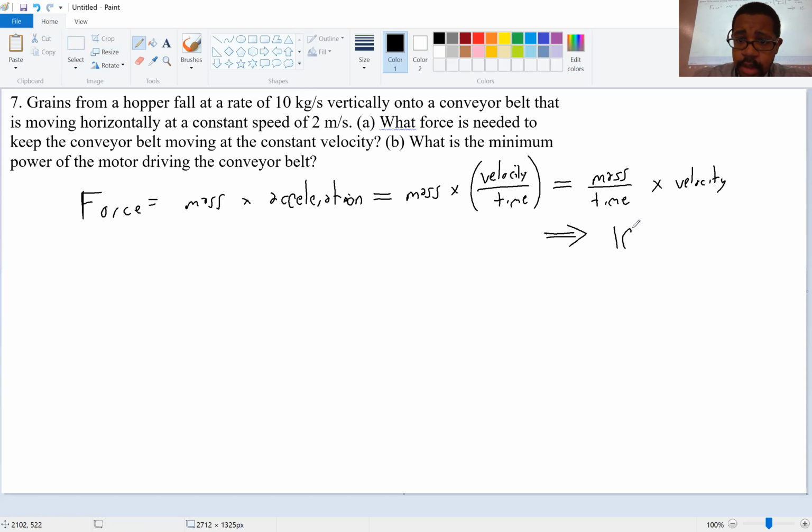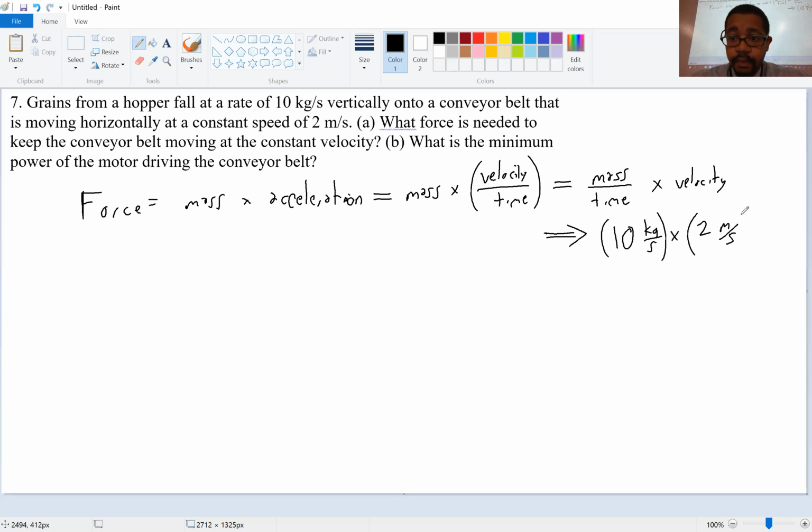Let's see, 10 kilograms per second. I'm going to try to be careful with units here. We've got 2 meters per second. So we've got kilograms times meters over seconds squared.